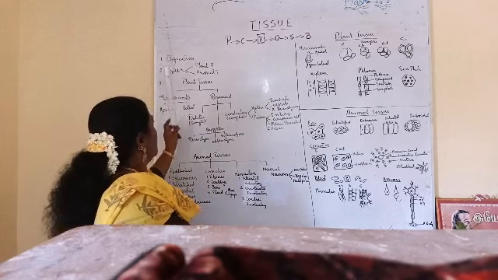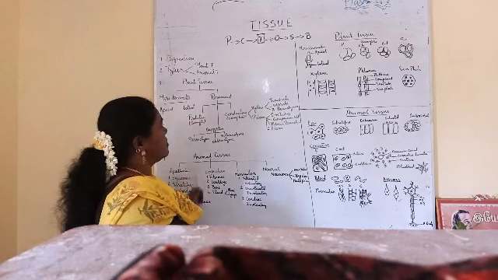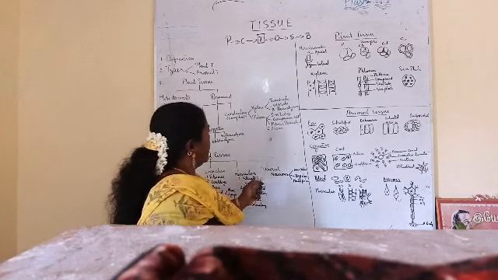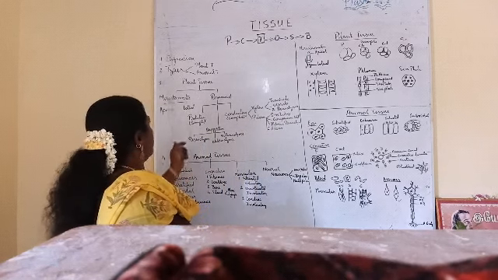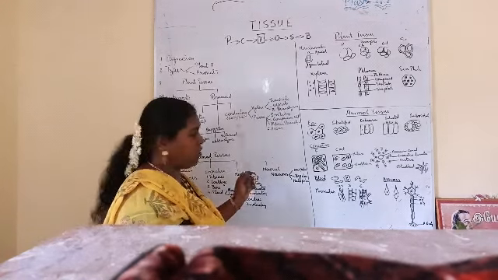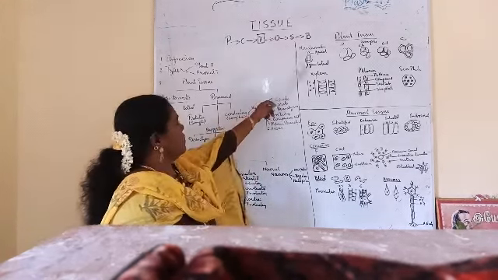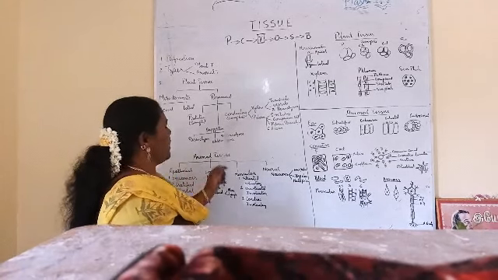In this lesson, we have seen what tissues are, the plant tissues, types of plant tissues, types of animal tissues, and their function, structure, and location. Meristematic tissue continuously undergoes division. Then permanent tissue: protective, supportive, conductive in function.